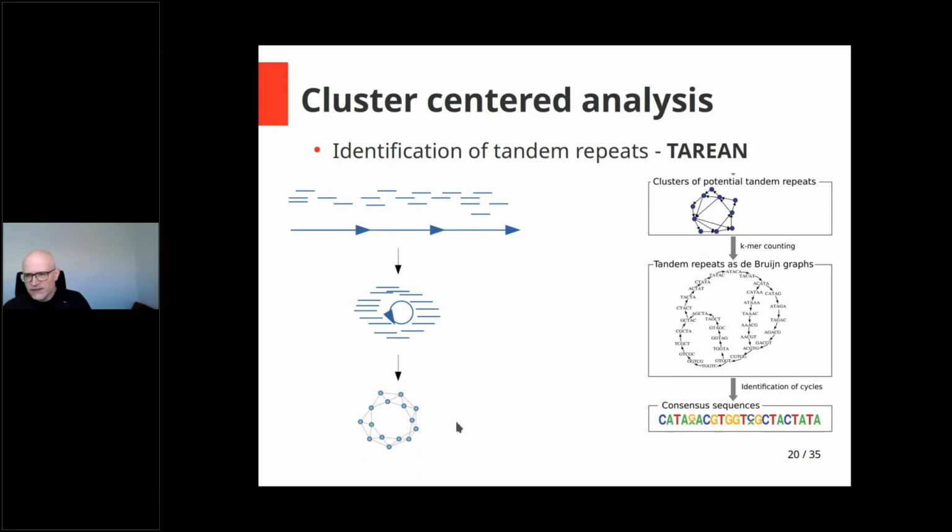So TAREAN is detecting these kinds of structures in the graphs, and these structures are then further analyzed using a k-mer approach and De Bruijn graphs, and we will get consensus sequences or some variants.